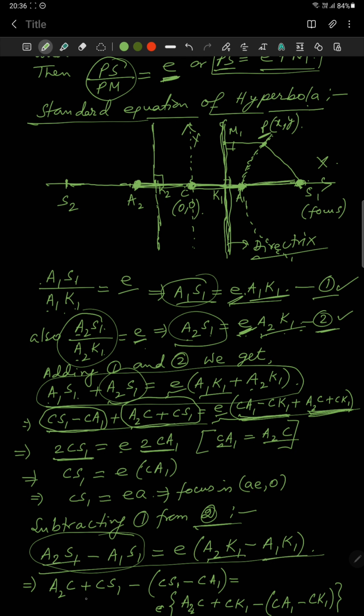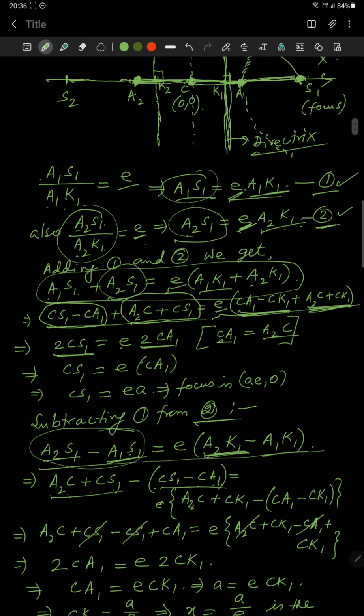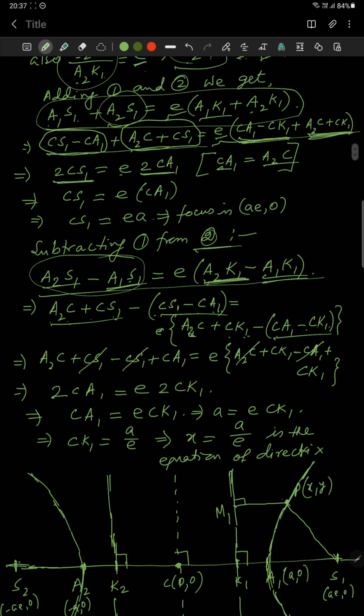Same way, A2S1 can be written as A2C plus CS1, and A1S1 can be written as CS1 minus CA1. A2K1 can be written as A2C plus CK1, and A1K1 can be written as CA1 minus CK1. After opening the bracket, we get 2CA1 is equal to 2E into 2CK1.